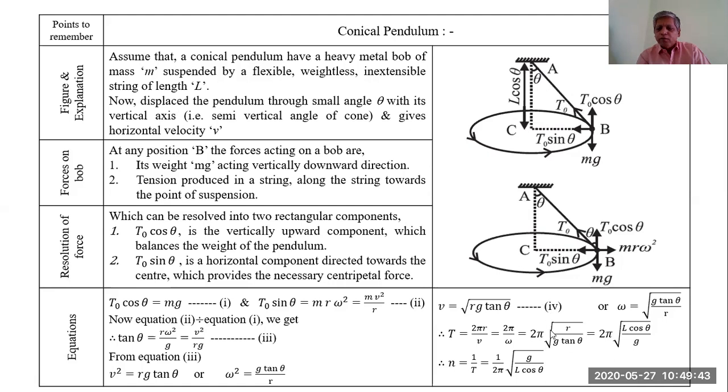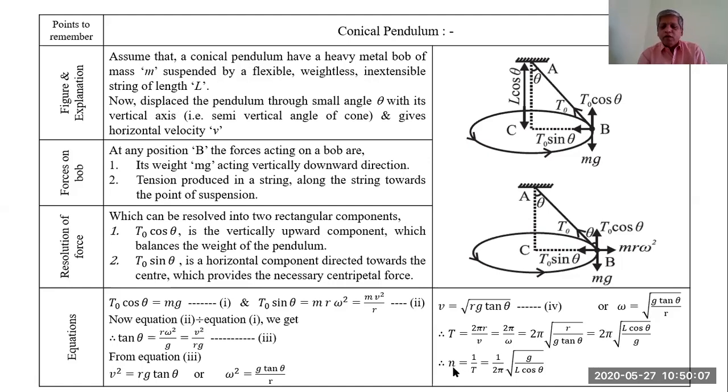And after substitution, we get twice pi into square root of L cos theta upon g. This is the expression for the period of a conical pendulum.